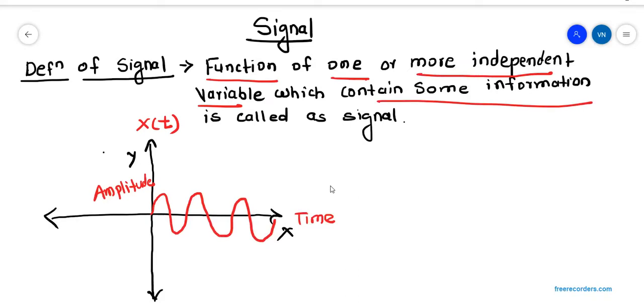So this is the theoretical definition, but how can we understand practically what is the meaning of function and what is the meaning of independent variable?